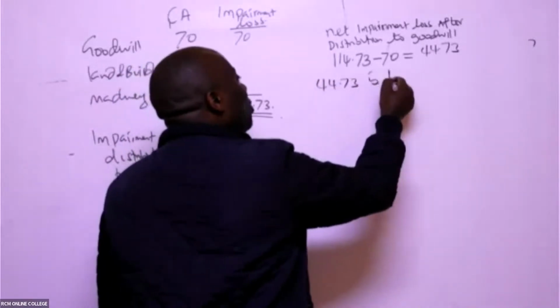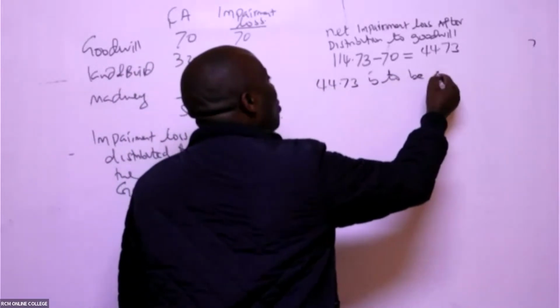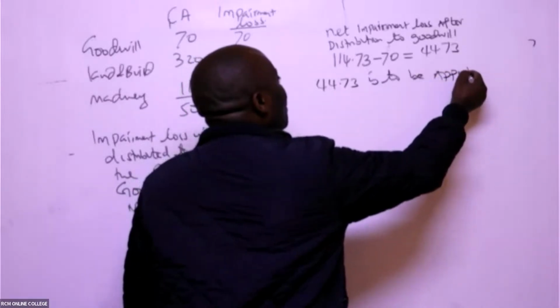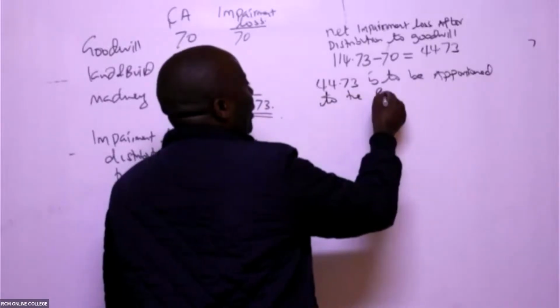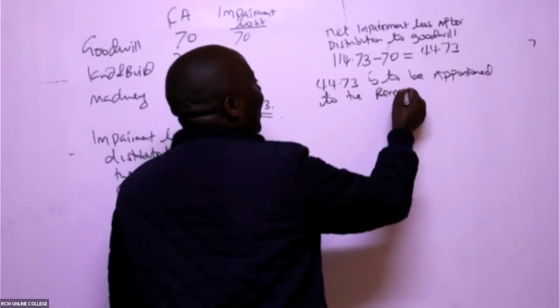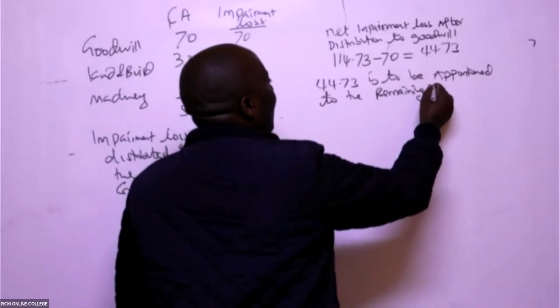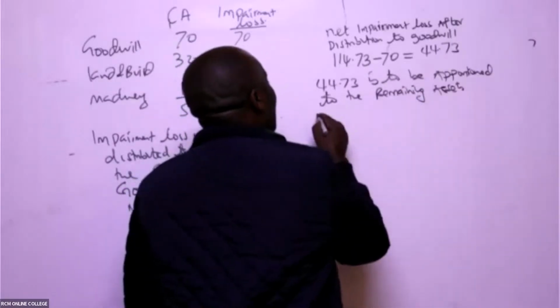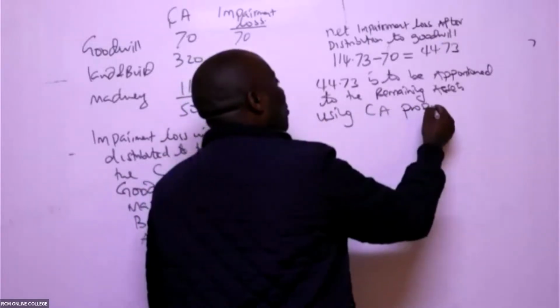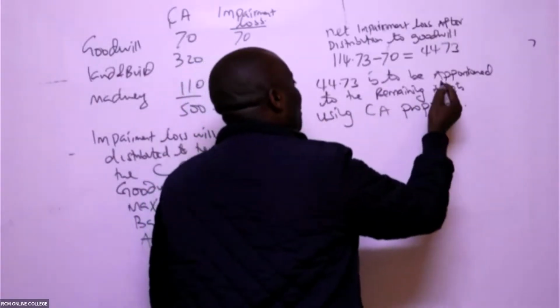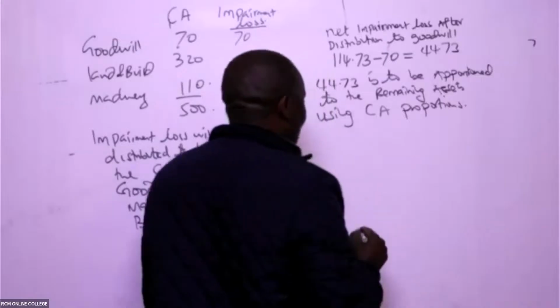So this 44.73 is to be apportioned to the remaining assets using carrying amount proportions.